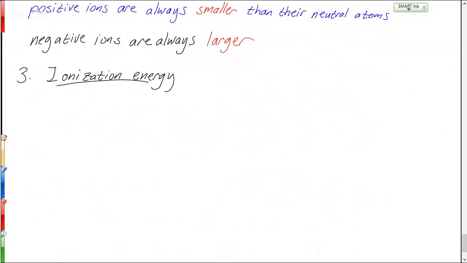Ionization energy is a neat property to look at because it really tests if we understand what's going on in the orbitals, what's going on with the electrons, and if we can really talk about effective nuclear charge. So what's ionization energy? Ionization energy is the energy required to remove an electron from an atom.